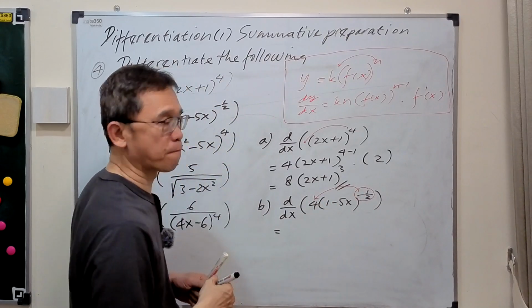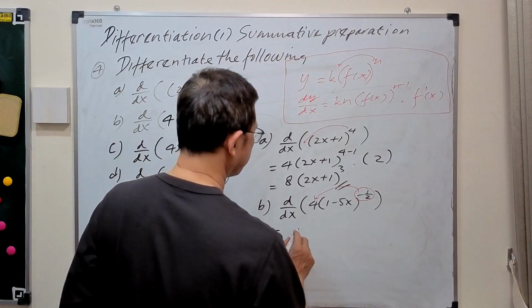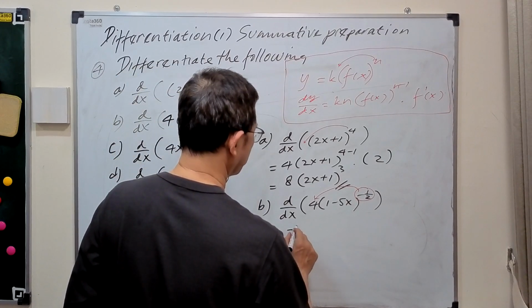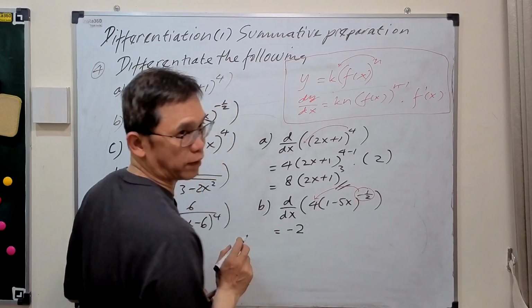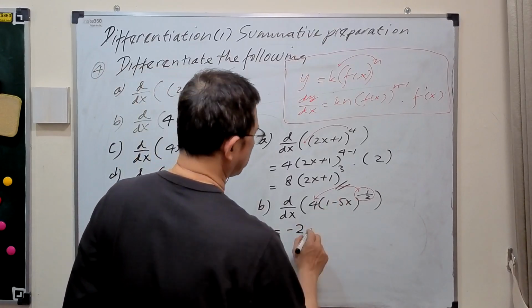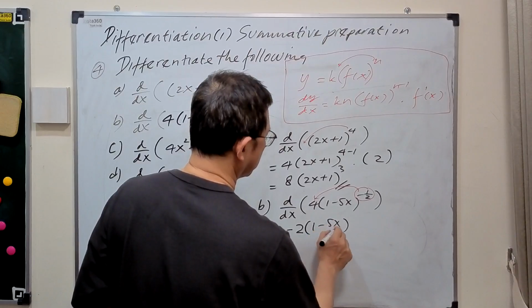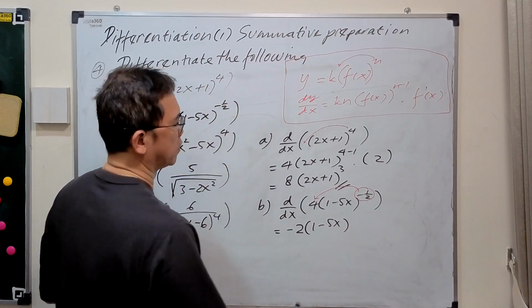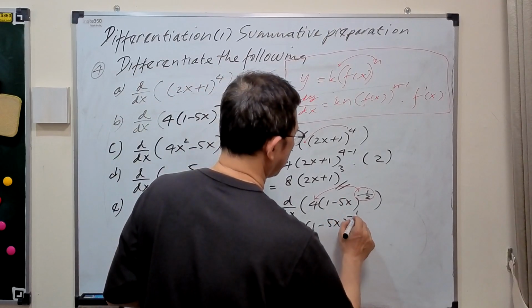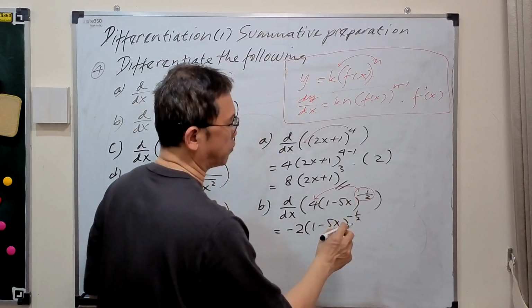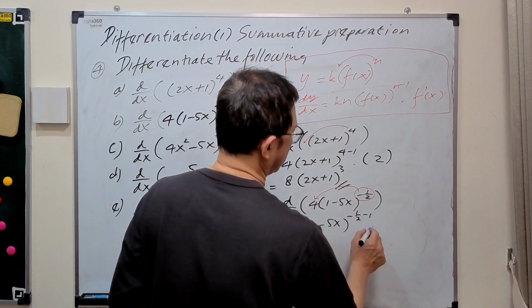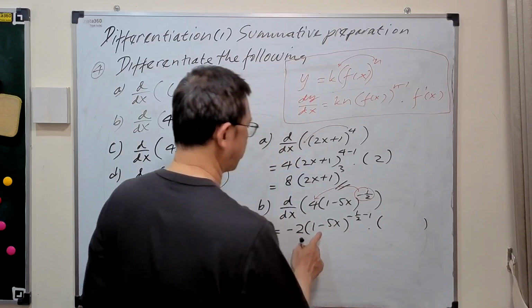Then this will be negative 2. Negative 2, and what's inside the bracket remains the same. And then you subtract the power, which is negative half here, by 1, and then multiply with the derivative of what's inside the bracket.